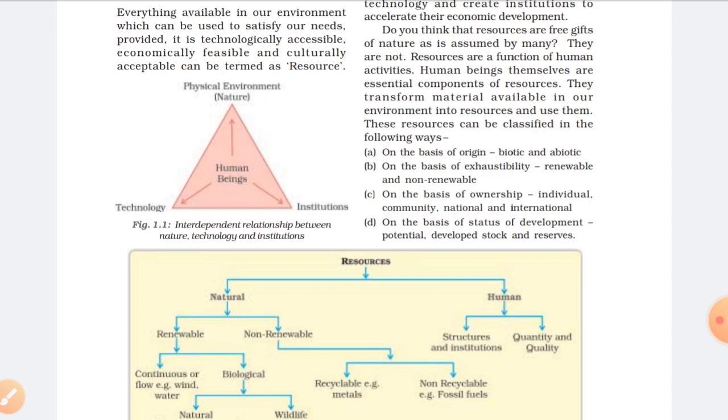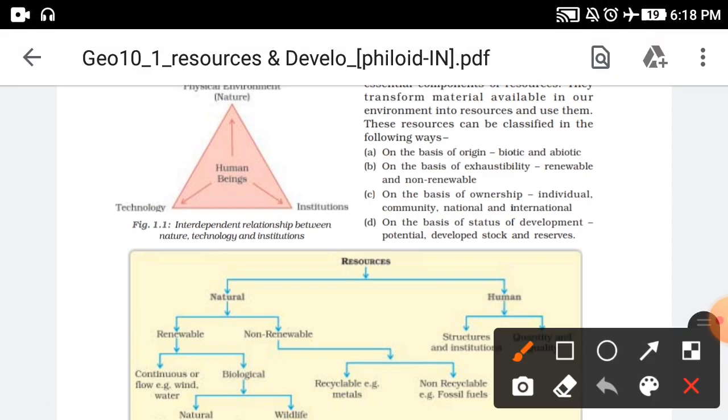These resources can be classified in the following ways. So again, this is important, guys. Classification. Now, the first point is on the basis of origin. So it is of two types, biotic resource or abiotic resource. Second, on the basis of exhaustibility, renewable and non-renewable.